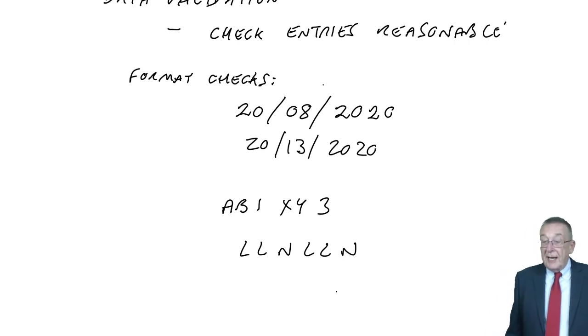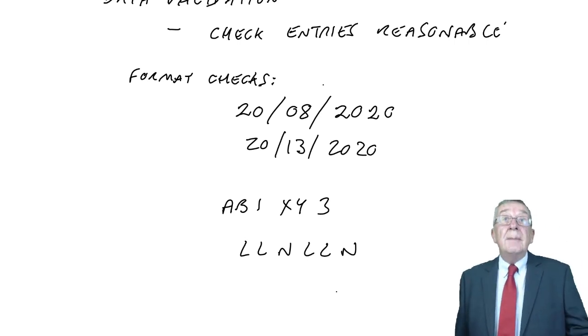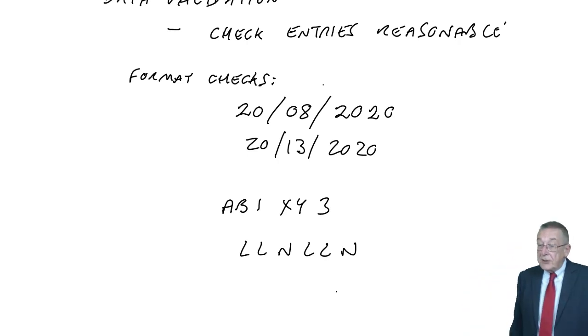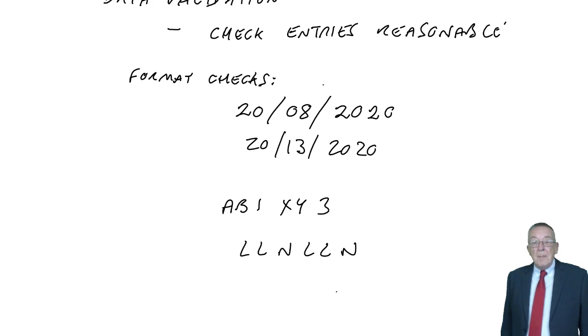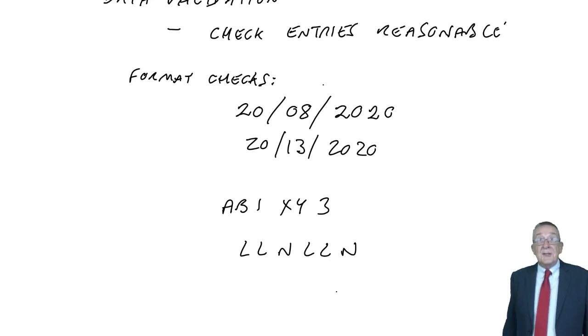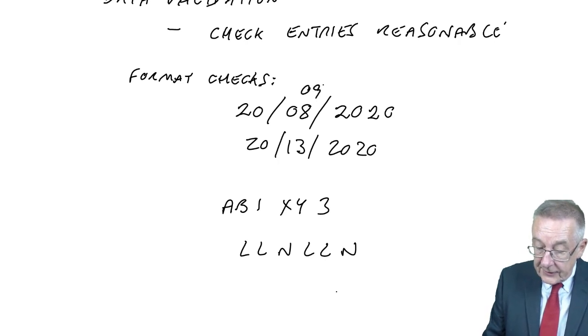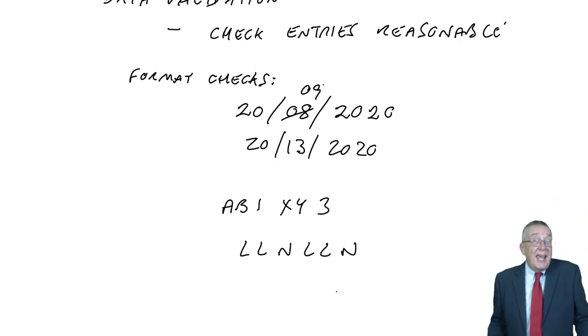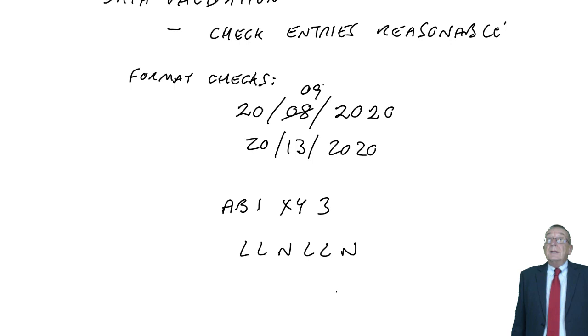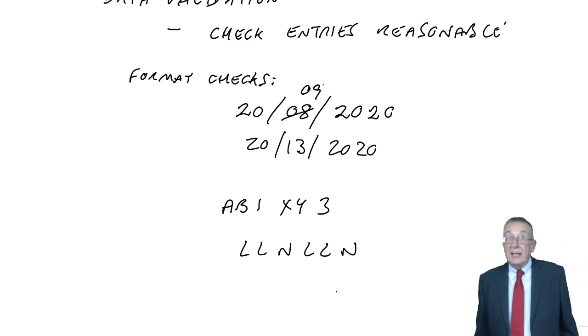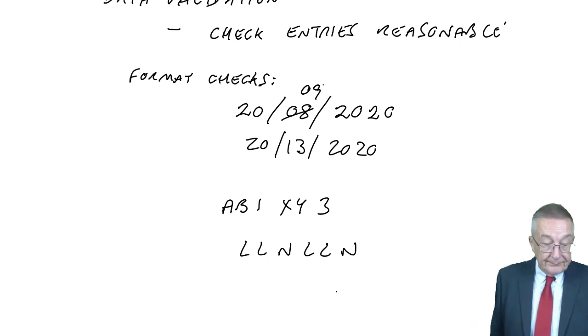Build it into the software so that it can check as the data's entered. It doesn't make sure it's 100% accurate, obviously, but it will catch a lot of errors. You can still type the date wrong and put 20th of September instead as a mistake. So it won't make sure it's perfect, but it will help catch typing mistakes.